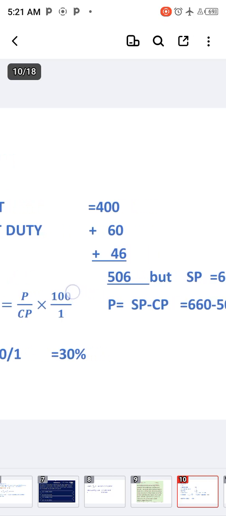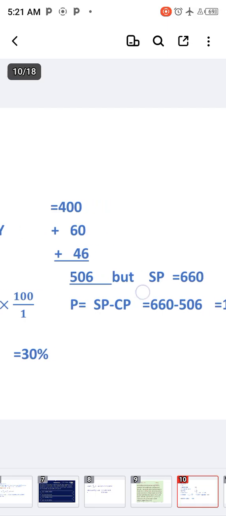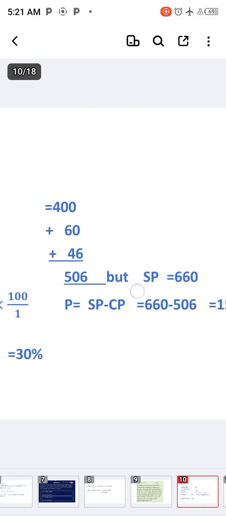But this quantity of fish was sold at 660. So we are going to find the profit. And profit is selling price minus cost price. In this case, the selling price is 660 and the cost price is 506.